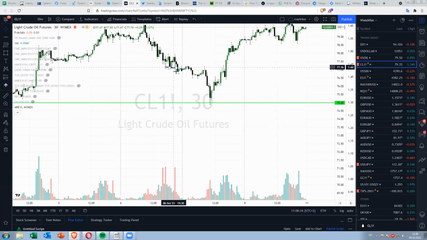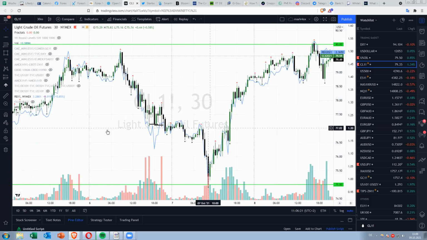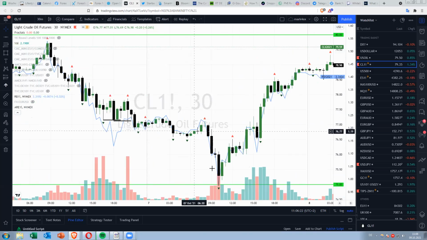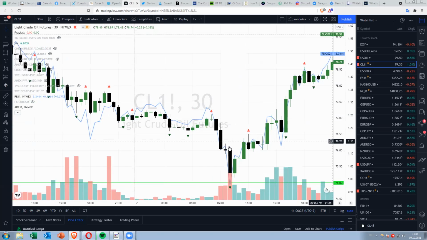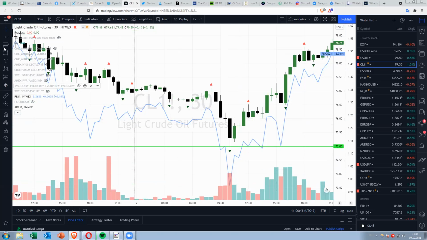But if you look at the bias, this was cracking down, but you just have to follow the line. If the line is going up, you want to trade in line with the RBOB. And look, high volume, 10 o'clock, right? Big level, 75. Look what happens.